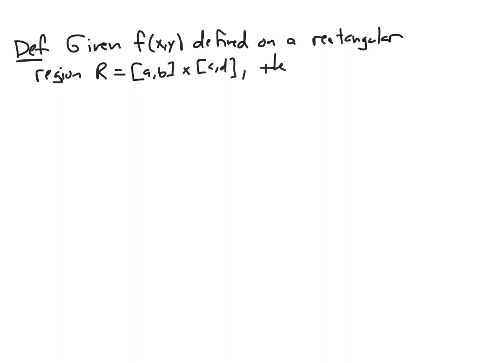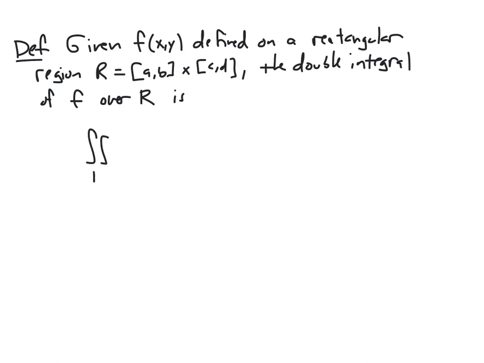The double integral of our function f over rectangle R is defined as follows. We're going to write it in double integral notation, so two integral signs, an R underneath denoting our region, and then our function f of x, y, dA, where the differential here is with respect to area.